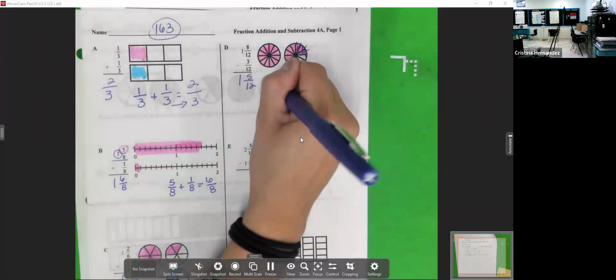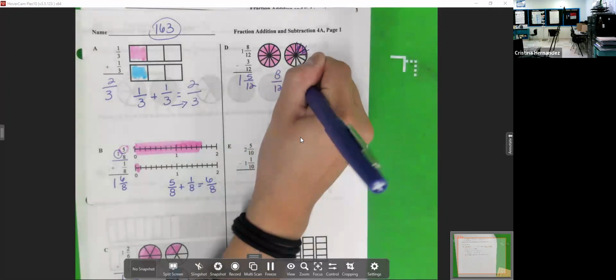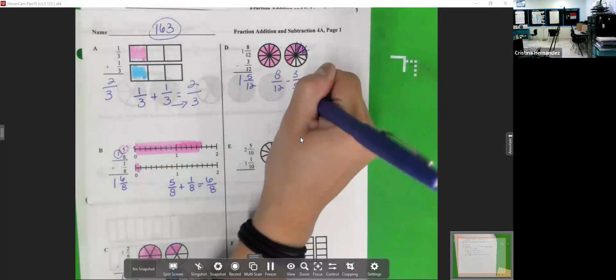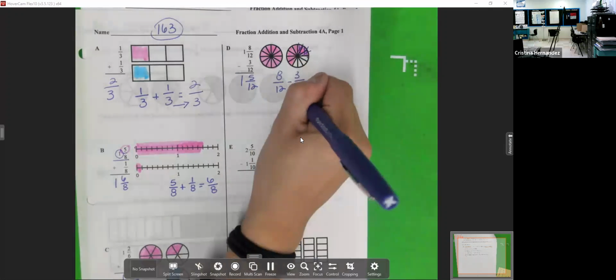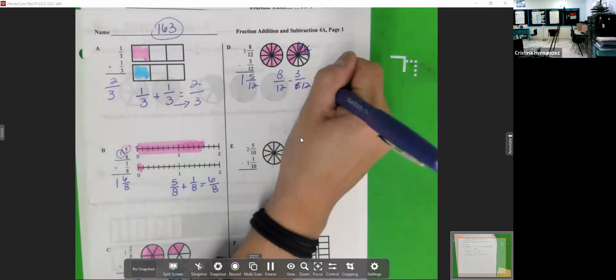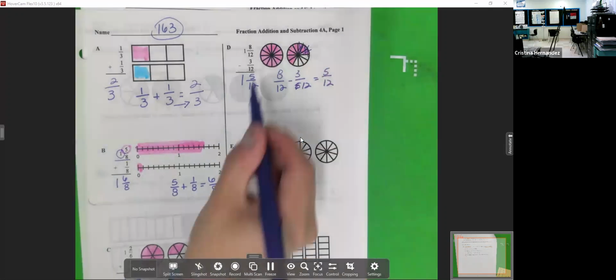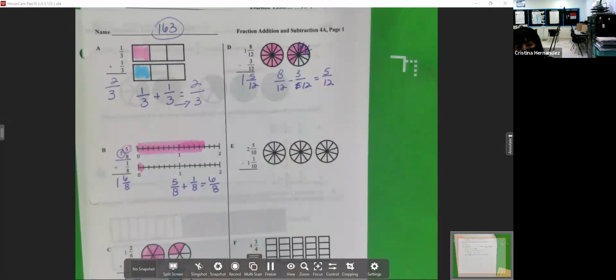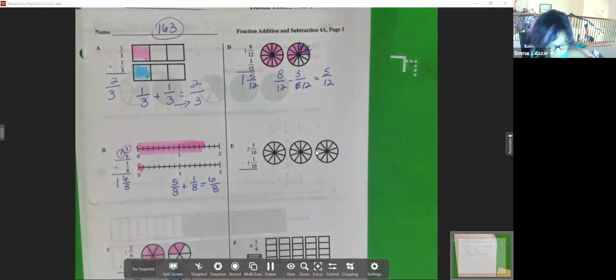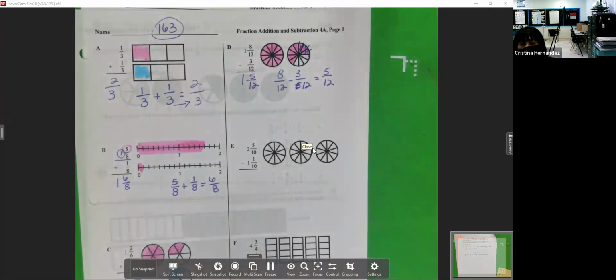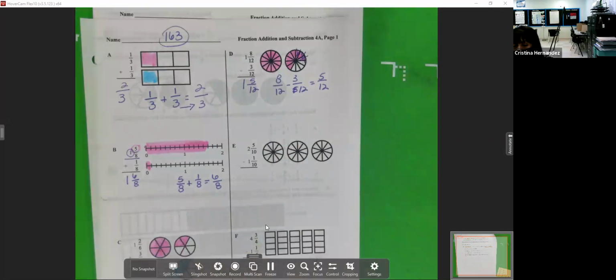You could have put 8/12 minus 3/12 equals 5/12. But we have that whole over here. Don't forget your wholes when you're adding and subtracting.